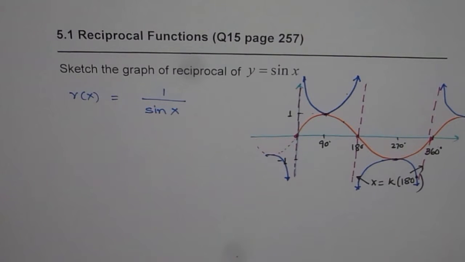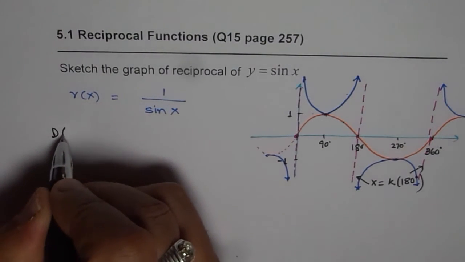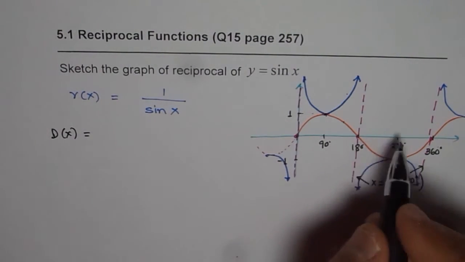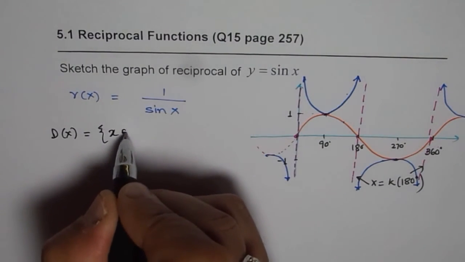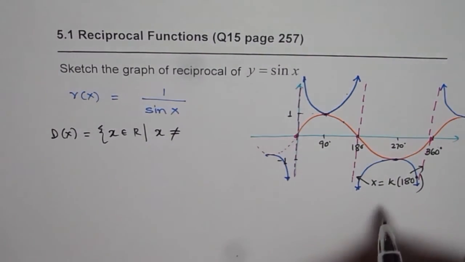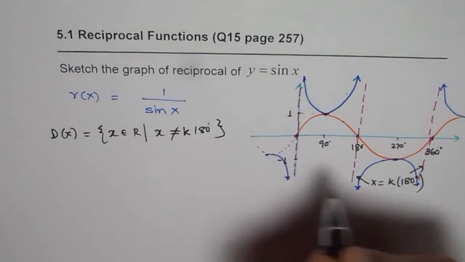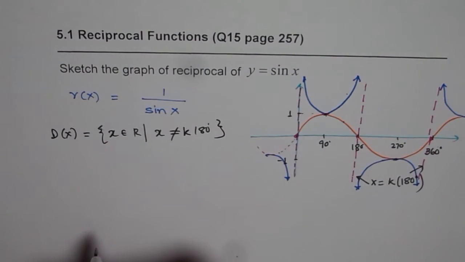So let us write down the domain and range for this function also. The domain for the reciprocal function is x belongs to real numbers, but x is not equal to k times 180, since we have vertical asymptotes at those points.